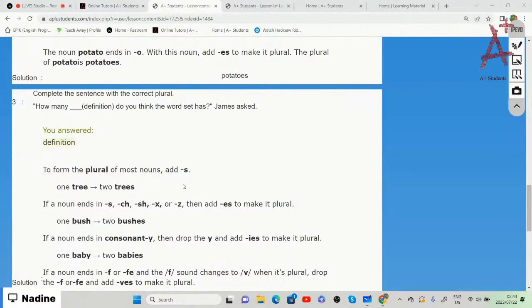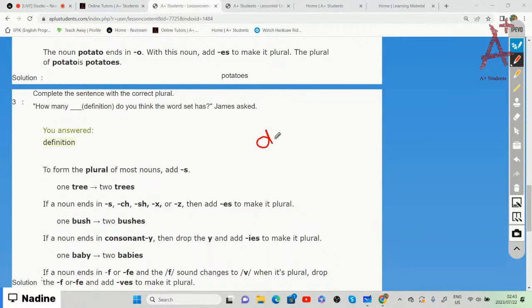Definition to definitions, where we add an S. So definitions with an S.